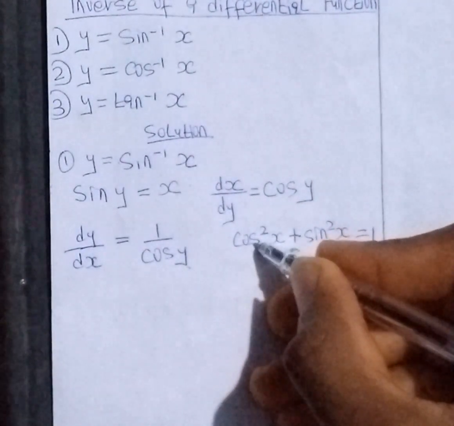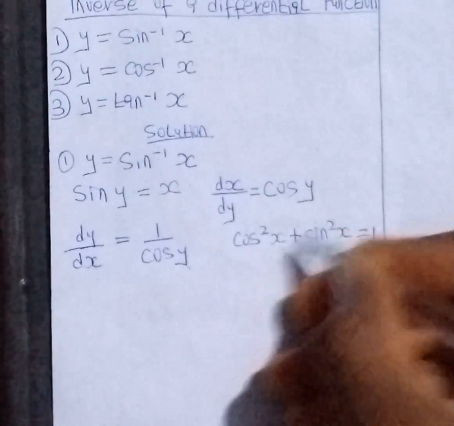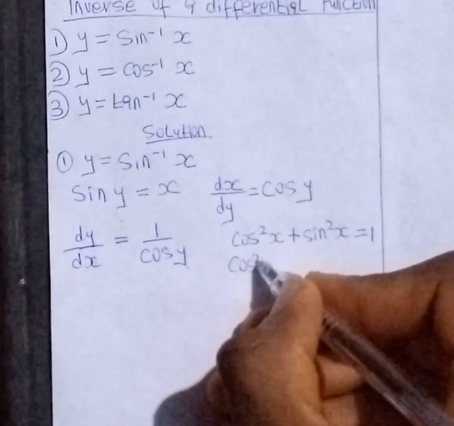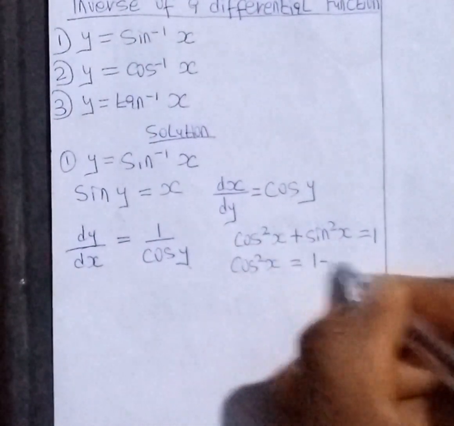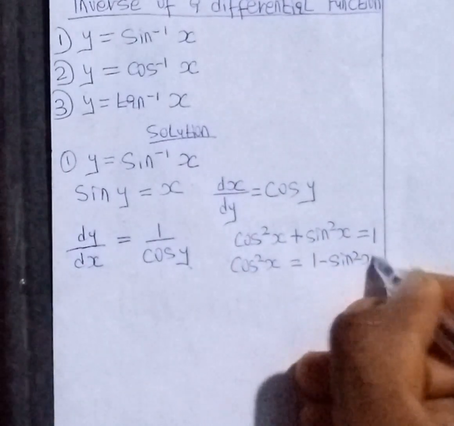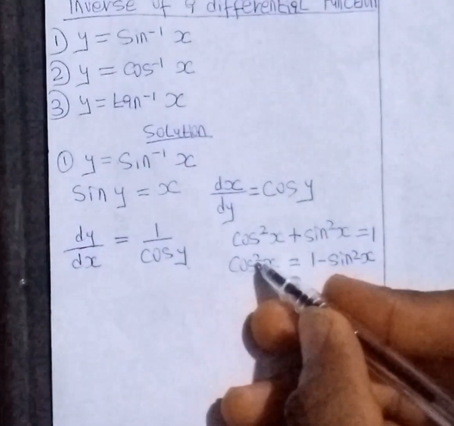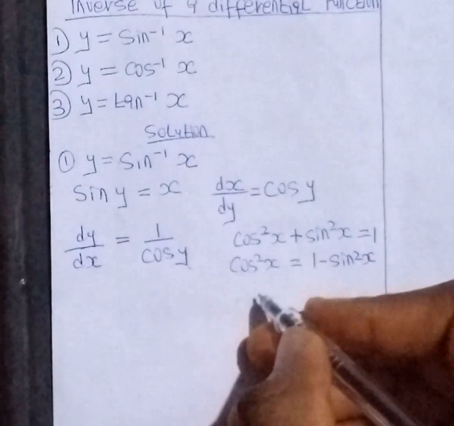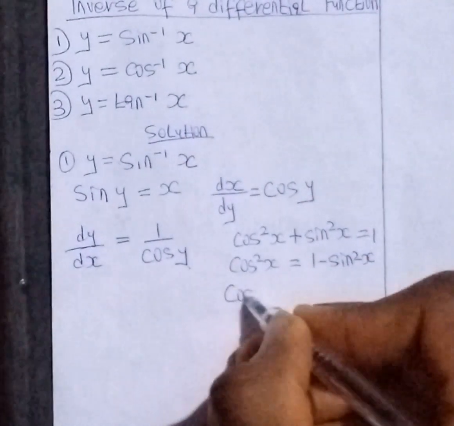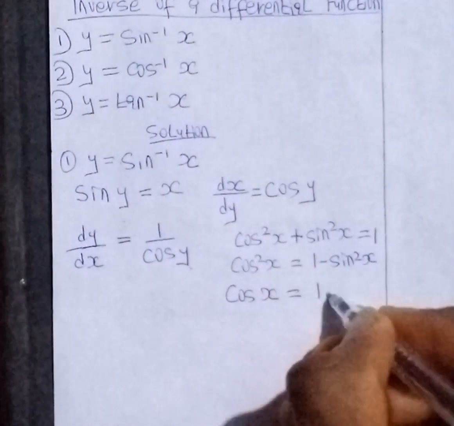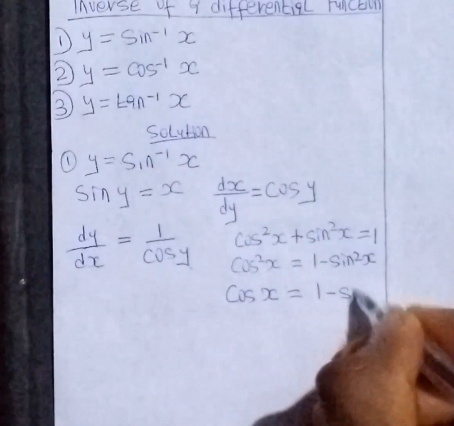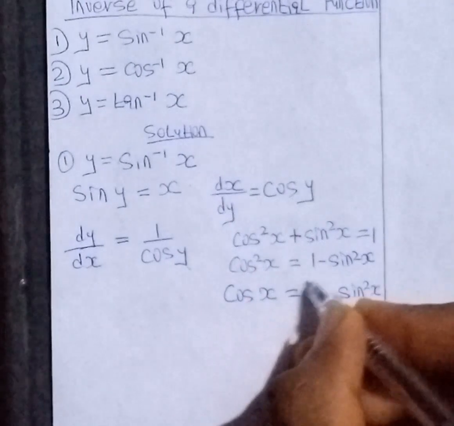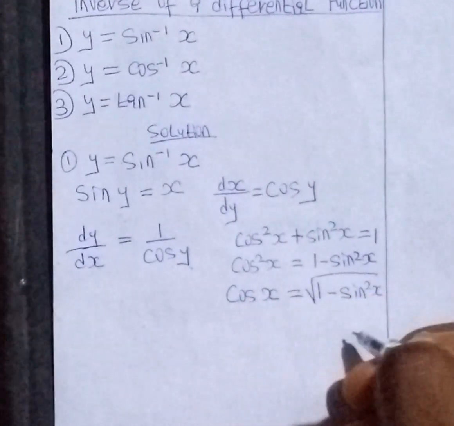So making cos squared y the subject, cos squared y equals 1 minus sine squared y. Because this is squared, we remove the square, so we have cos y equals the square root of 1 minus sine squared y.